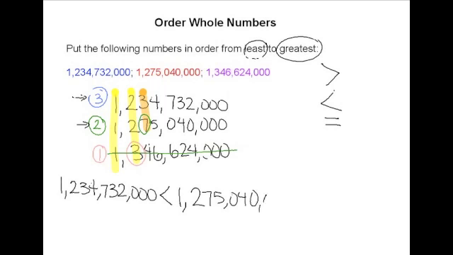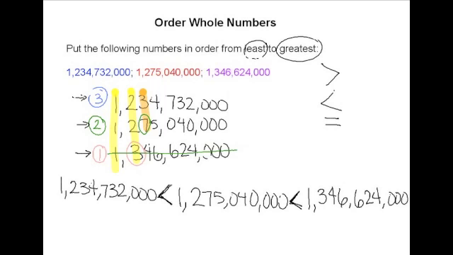And finally, I know that both of the numbers already written are smaller than the third number, so I'm going to put another less than symbol and write my final number to the far right. And there I have put my three numbers in order from least to greatest using two less than symbols.